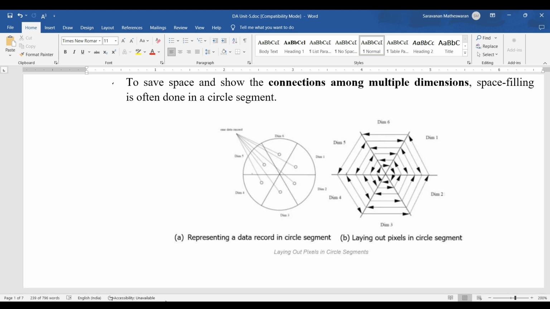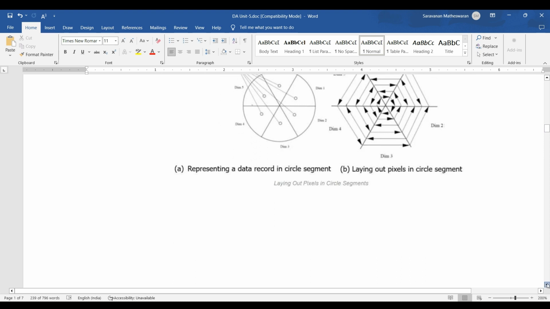Similarly, they are represented by the layout of pixels in circle segments. The same dimension is given by the pixel-oriented representation, in order from first to last.